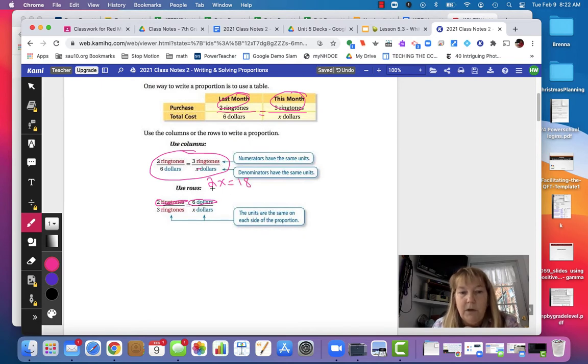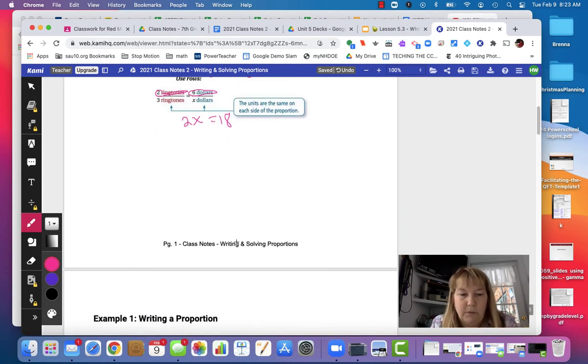So if I did the cross product, it's 2x is equal to 18. If I did this correctly, these cross products should be the same. So that sort of proves that it doesn't matter how you write that as long as it's consistent and the cross product ends up being alike. That's a lot of explanation. Let's actually put this to work.